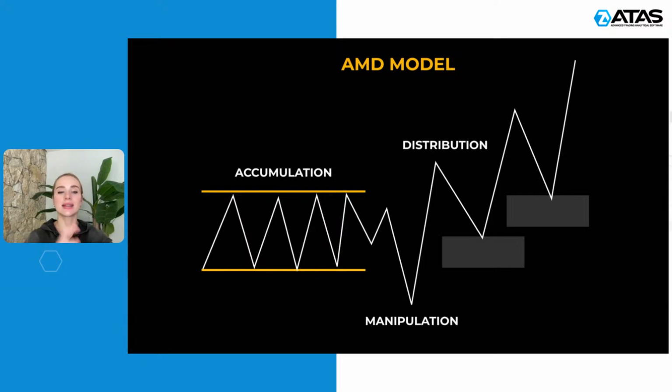Volumes typically shrink before the accumulation starts, and volatility dies. Visually, it creates a flat consolidation with an increase in volume the longer the price spends in accumulation.